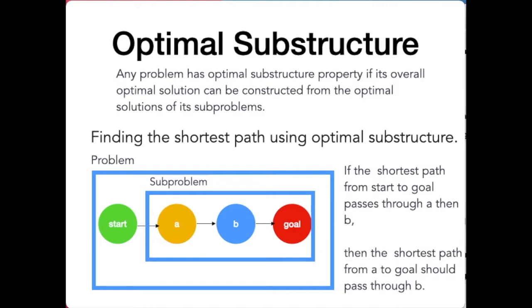Another example with an optimal substructure property is the problem of finding the shortest path. So suppose the problem is you need to identify the shortest path from start to goal.